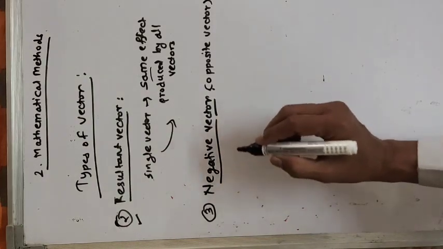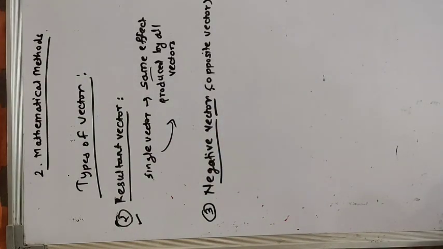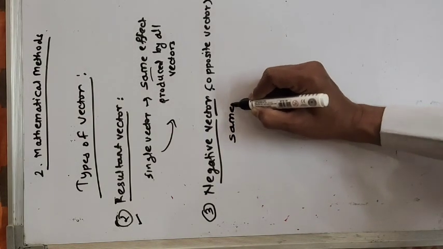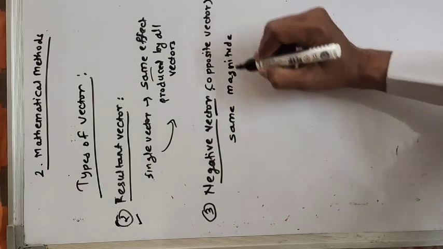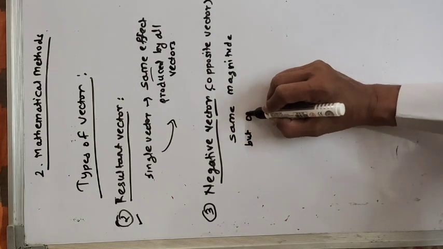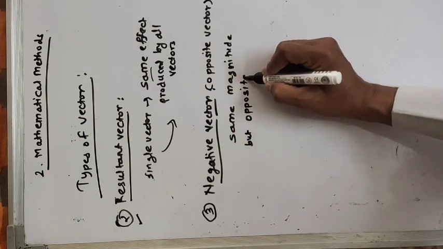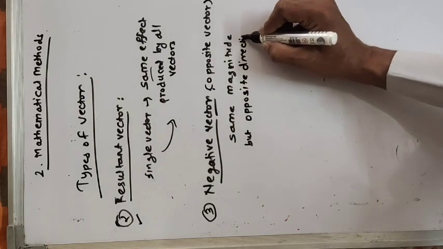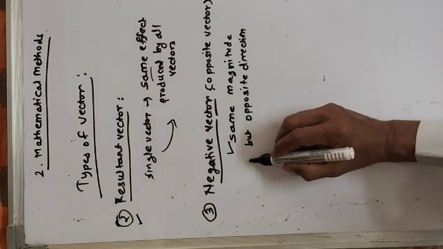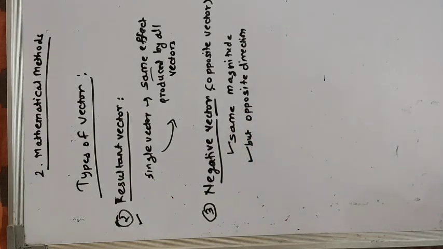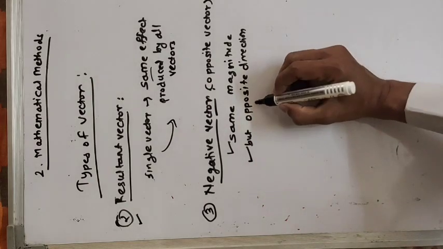The negative vector of a given vector is a vector of the same magnitude but opposite direction to the given vector.